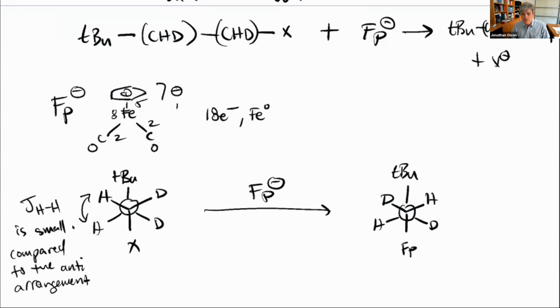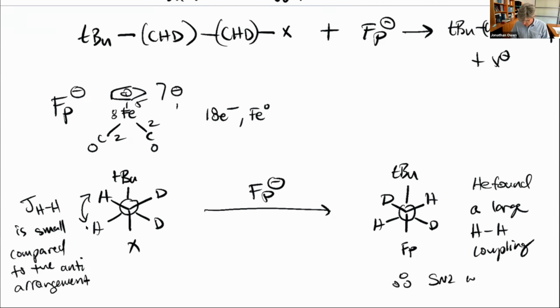And it goes with inversion. SN2 chemistry inverts the stereochemistry of carbon, and it gives you this other isomer. And he found, or the student found, a large hydrogen-hydrogen coupling there for SN2 with inversion.